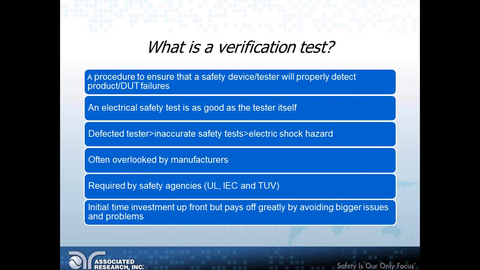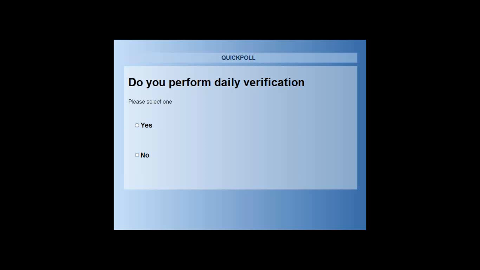Okay, to start with, what is a verification test? Well, it is a procedure to ensure that a safety testing device will properly detect product or DUT failures. Basically, verification of electrical safety testing equipment is a procedure which is often overlooked by manufacturers.